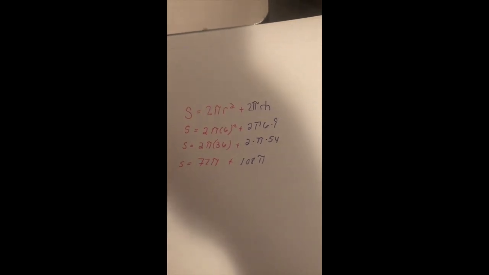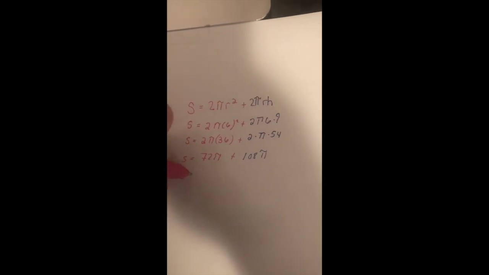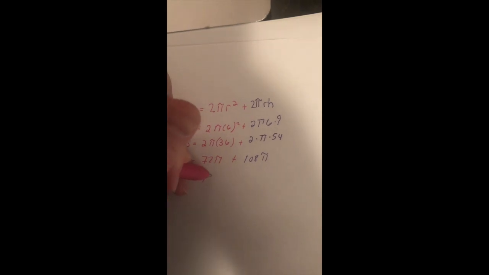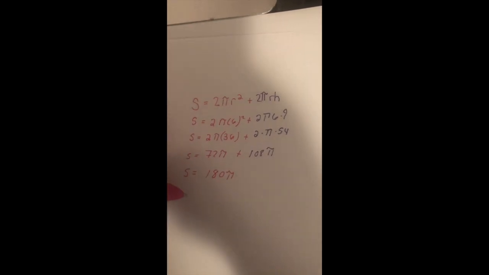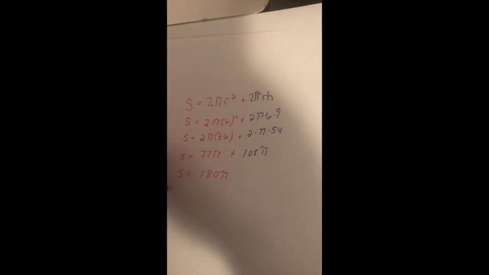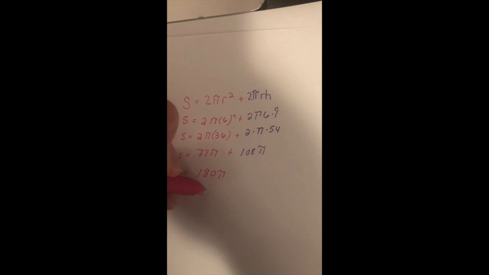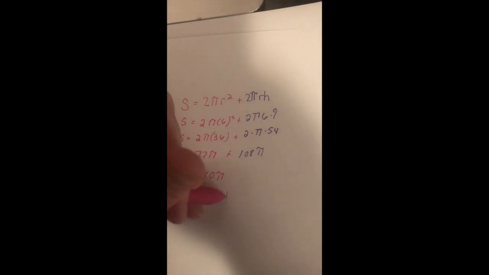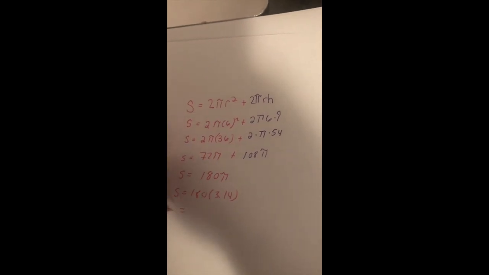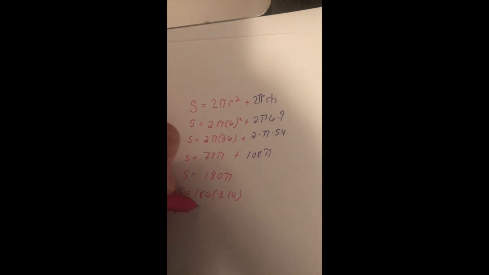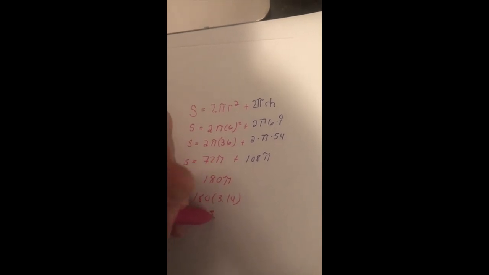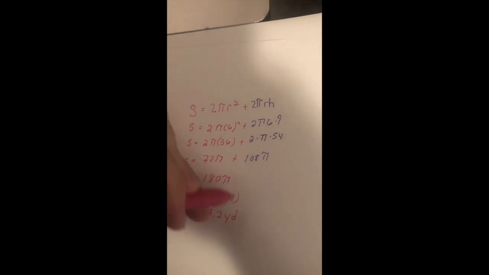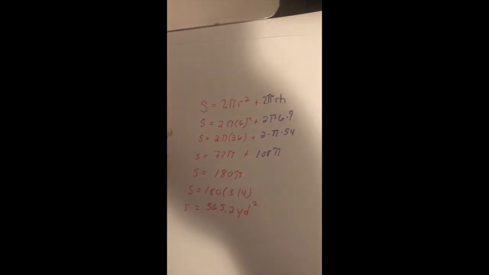And then when we finish, we have a surface area of 180 pi. In using 3.14, we get 180 times 3.14, and that's going to give us the overall approximation of 565.2 yards squared.